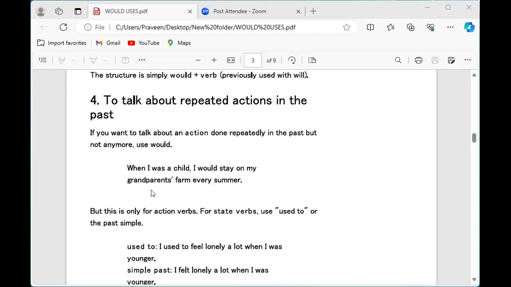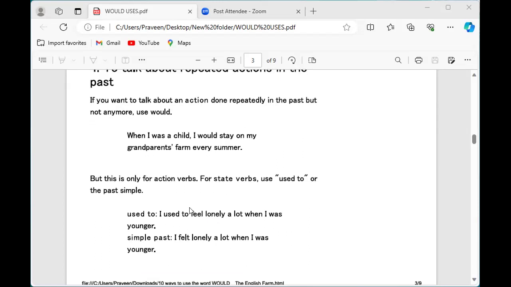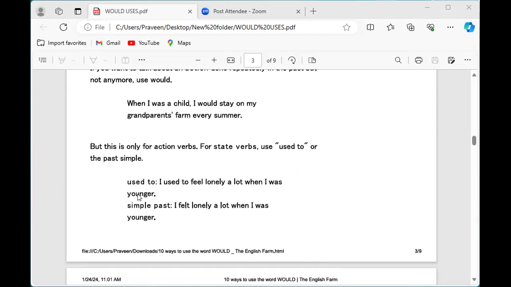Action verbs are like run, go. State verbs mean a feeling, like love, emotion. I will explain those words next time. Used to: I used to feel lonely a lot when I was younger.